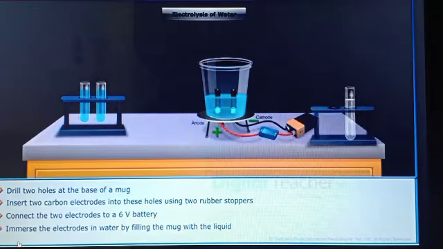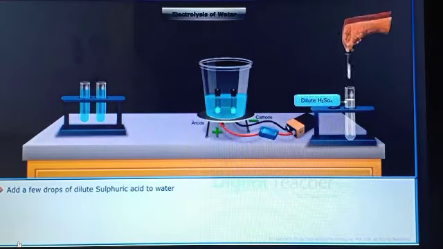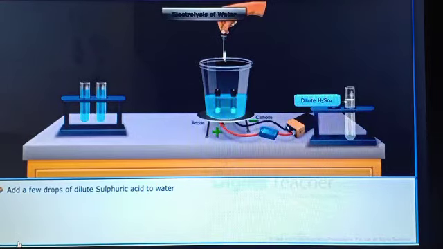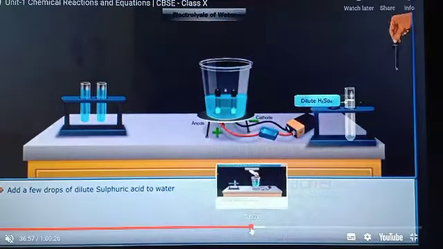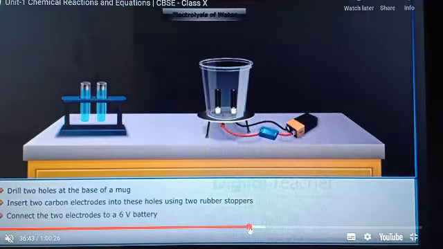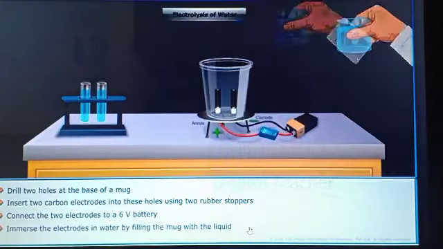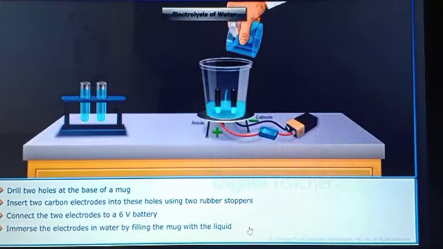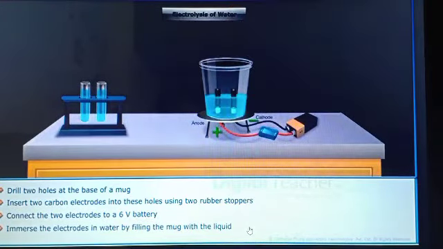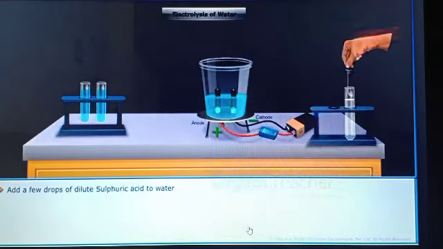Now add the electrodes in water by filling the mug with the liquid.